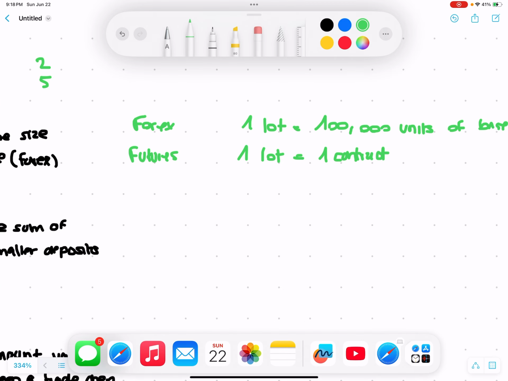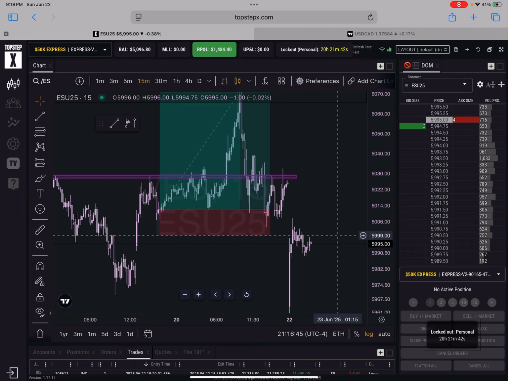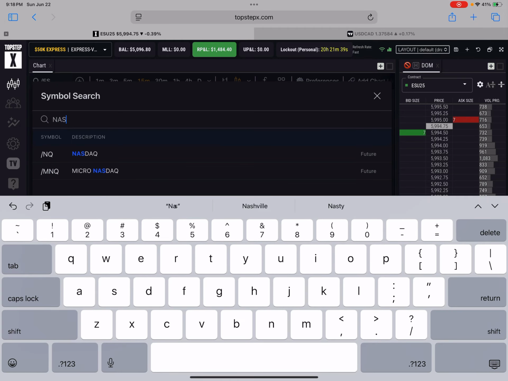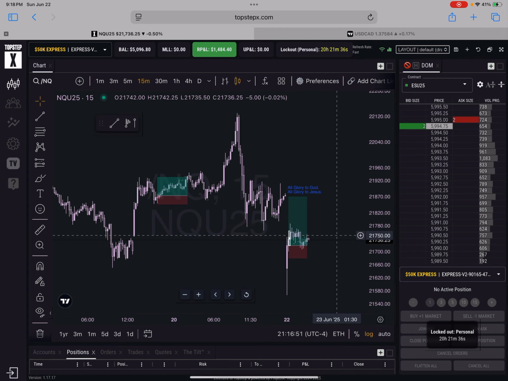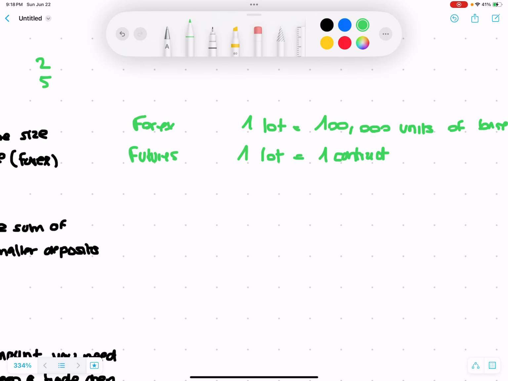Here, when I traded NASDAQ, there's a 2 right here, and I traded with 2 contracts to make $1,500 today. So I could say I used 2 lot size to make that position. It's the exact same thing as Forex.